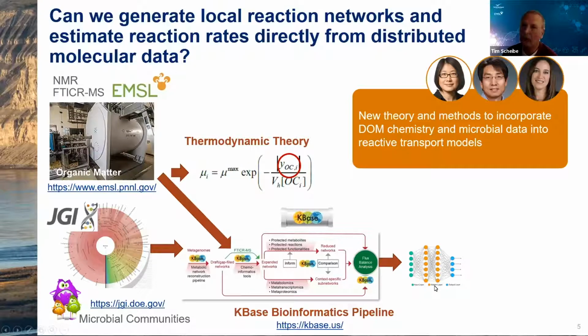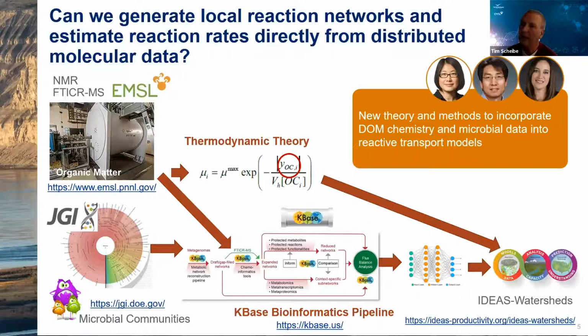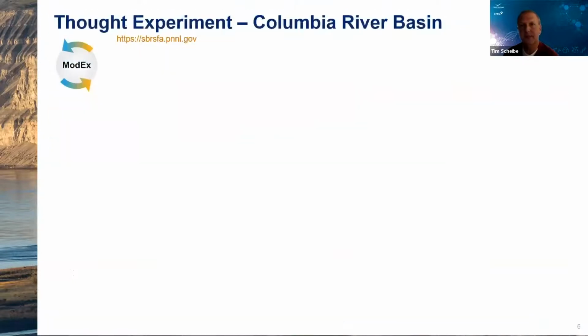And a neural network model can use as inputs the outputs of these flux balance analysis models, and then generate outputs, things like these reaction rates that we need for reactive transport models. And these can in turn then be put into reactive transport models that are being developed under the Ideas Watersheds projects. So again, these links are available in the Google Doc. I'd encourage you to explore some of these resources as you have time and interest.